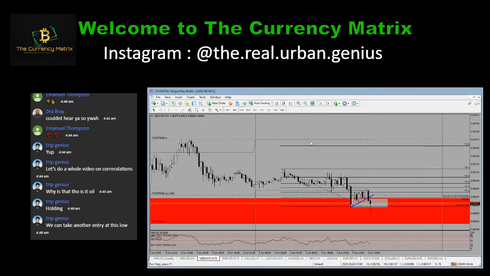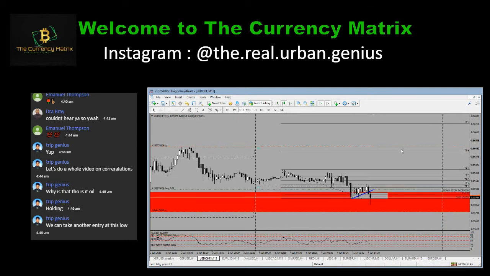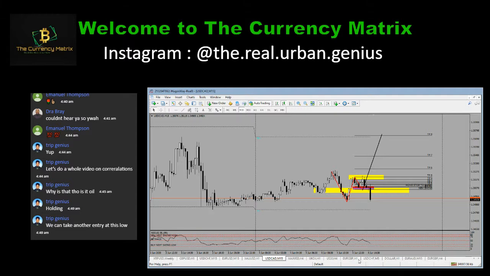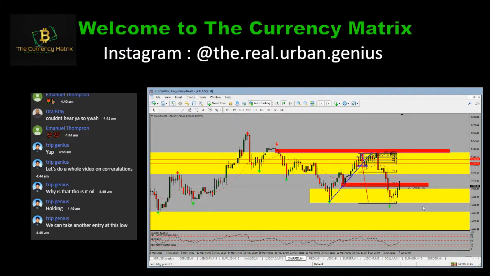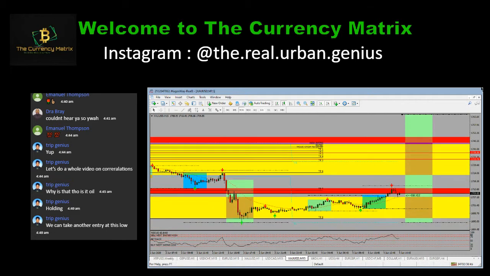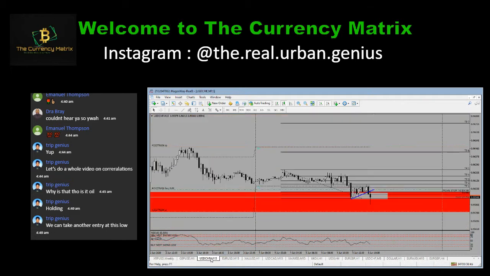Here's the USD CHF. So what I'm going to do right now, instead of, here's gold. Gold still hasn't done any really. Gold hasn't moved at all.